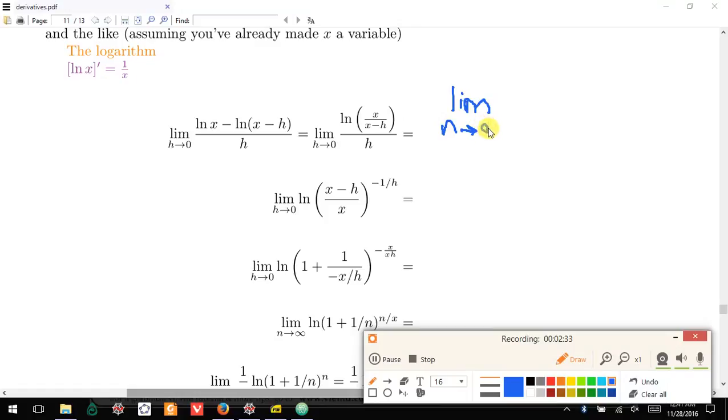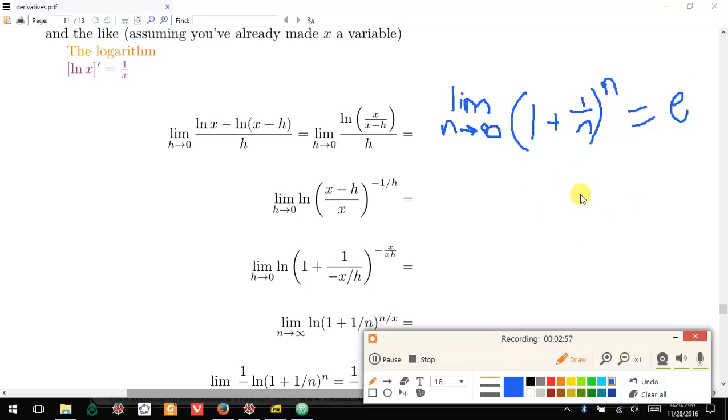The limit as n goes to infinity of (1 plus 1 over n) to the n. That's equal to e. And if I just put x in the exponent on both sides, then I have e to the x. But I'll just leave it at this.